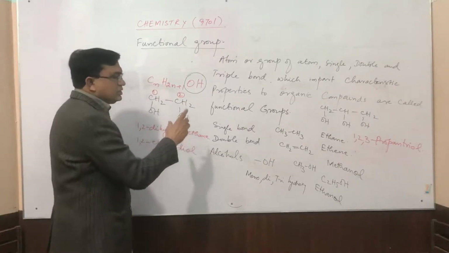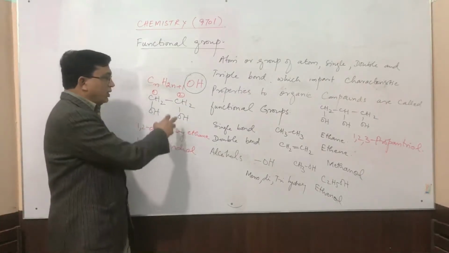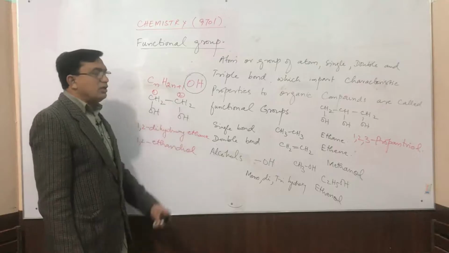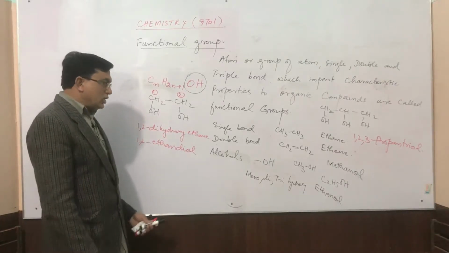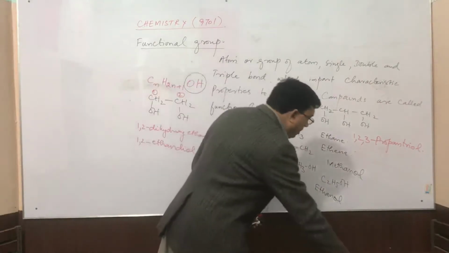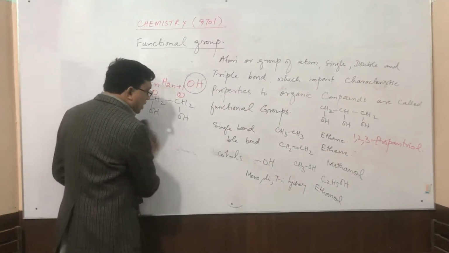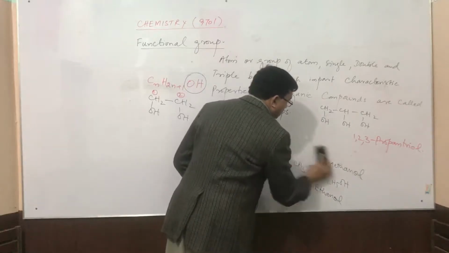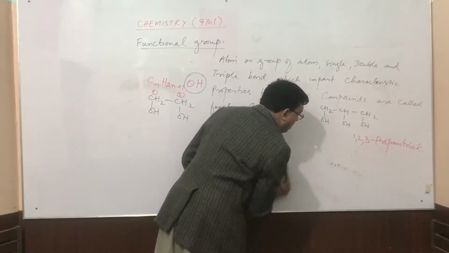Now the OH group is basically the group of alcohols, and this is also a functional group. Now, while naming an organic compound, functional groups are always preferred.